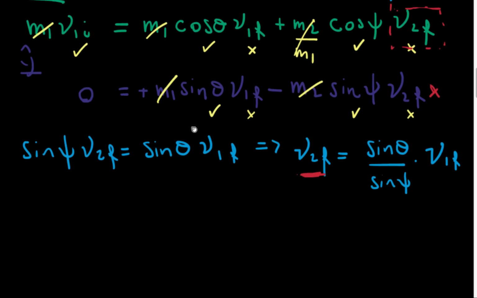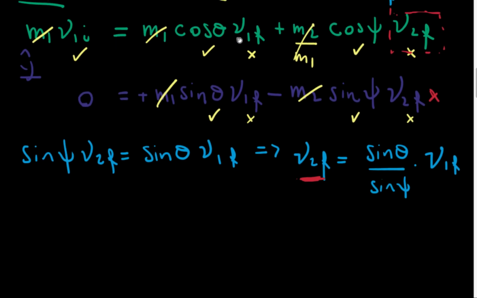So let me go ahead and take the same color here, green, to drive home the point that we're taking precisely this equation right here. So V1 initial equals cosine theta V1 final plus cosine of phi.